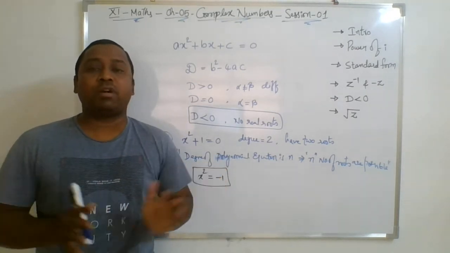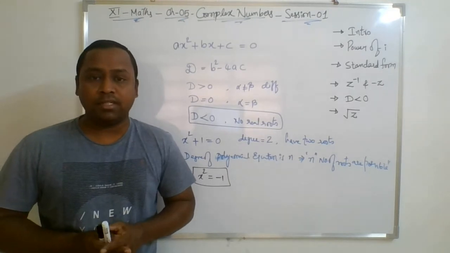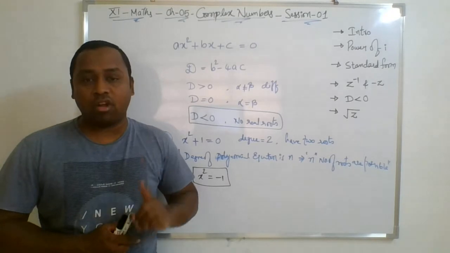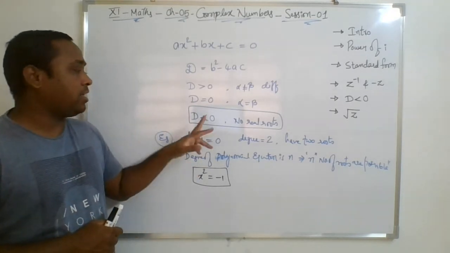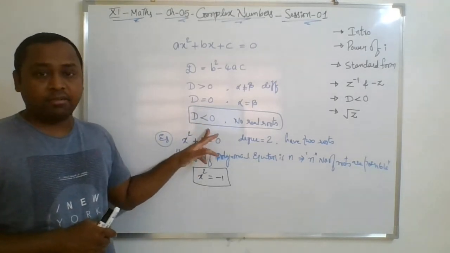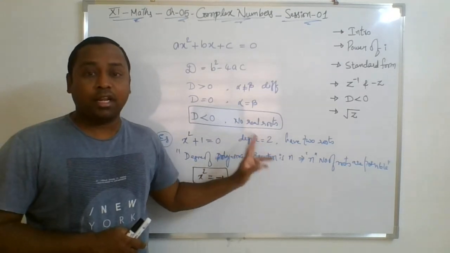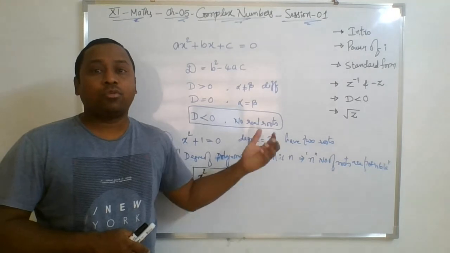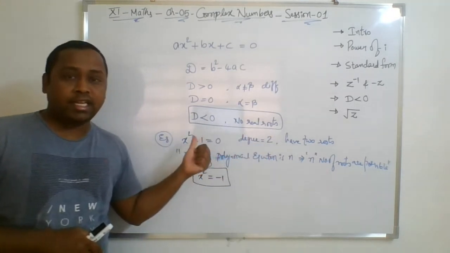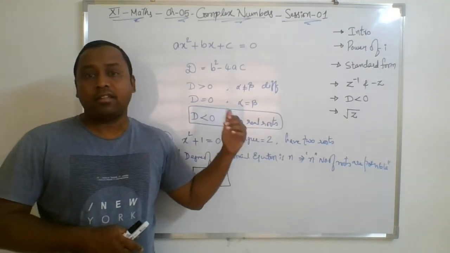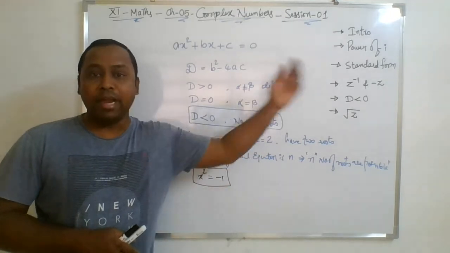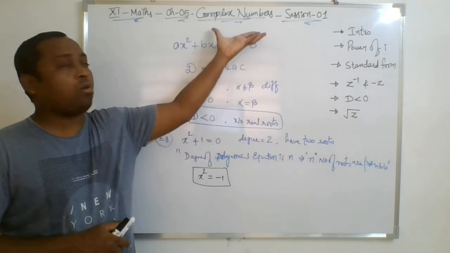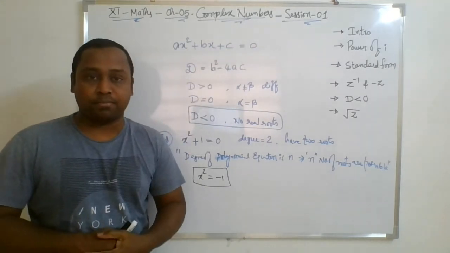The purpose of understanding complex numbers is simply finding the roots of a quadratic equation where the discriminant is negative, meaning where the real roots do not exist, right? To find the roots in this case, we need to extend the real number system to a bigger number system, and that bigger number system is called the complex number system.